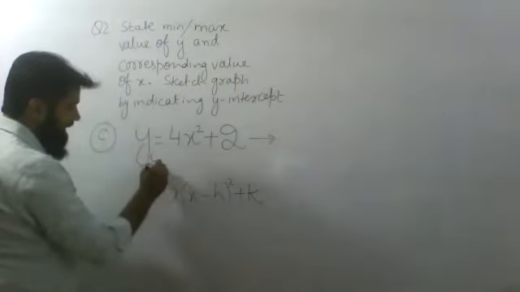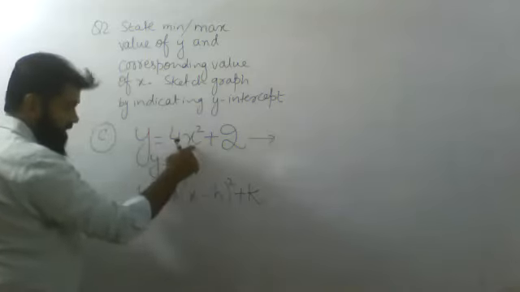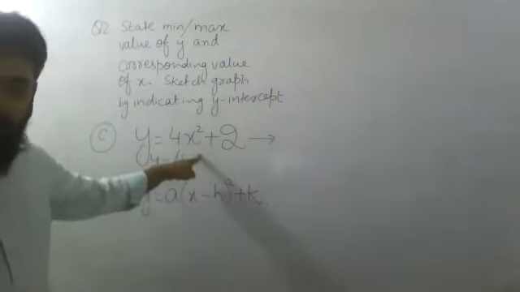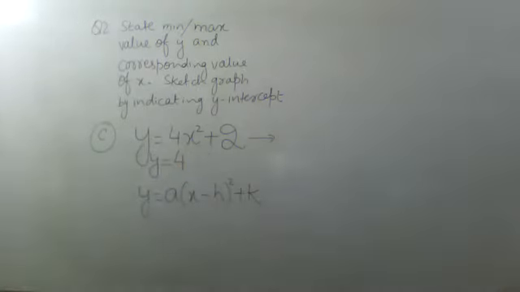So now, a very simple logic. Can I write it like this? y equals 4x squared plus 2. There should be something added or subtracted in this x. Now, what should I add or subtract in this x which will have no effect on x?